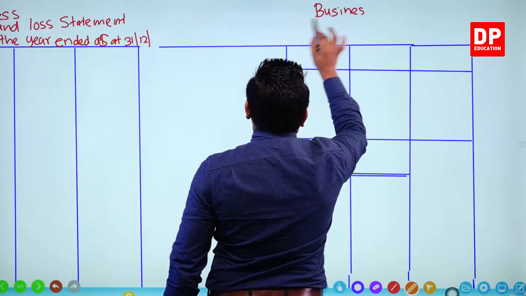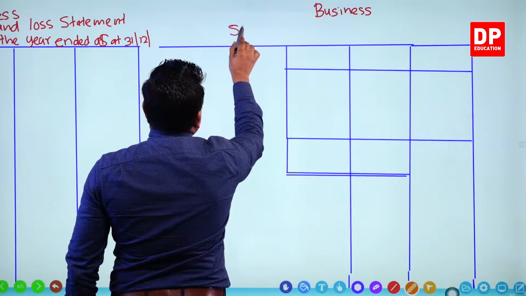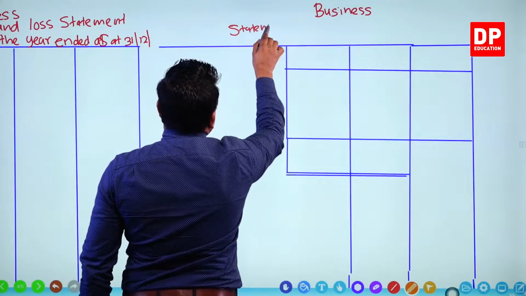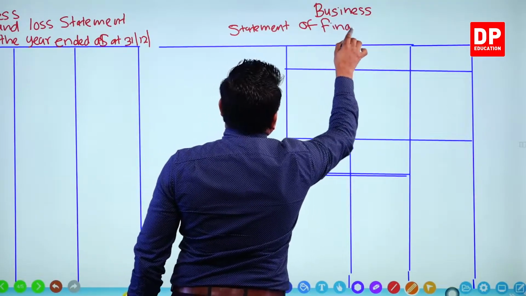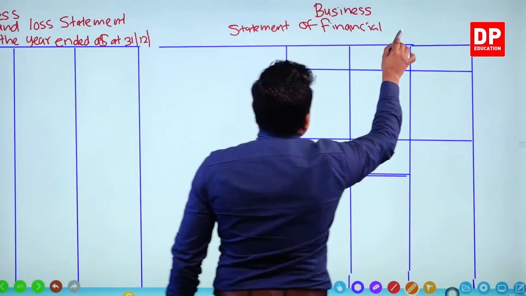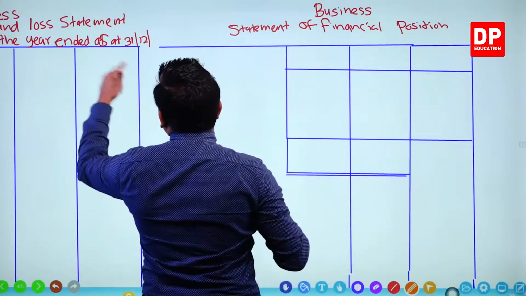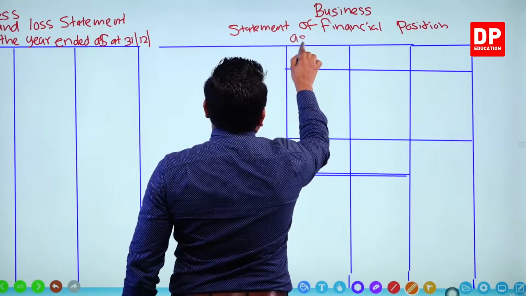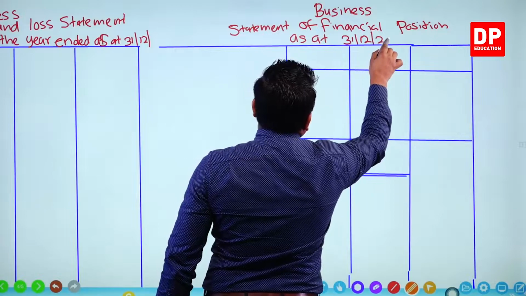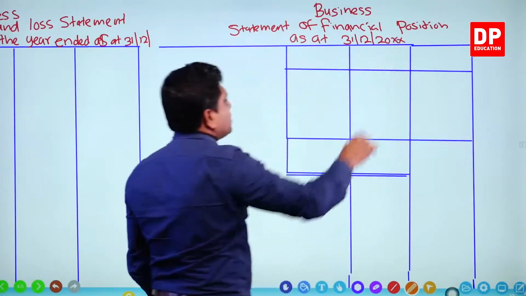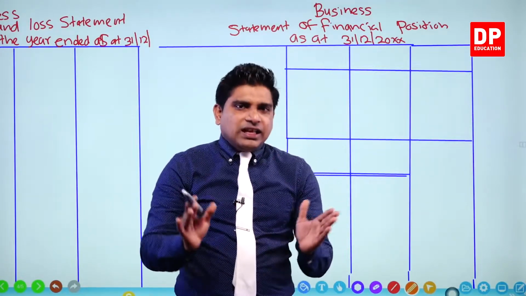Here it is not given, so just business. Statement of financial position. Remember, not 'the year ended', but 'as at' 31st December, any year you can put, right? Any year, because according to the question, they don't clearly give us the year.